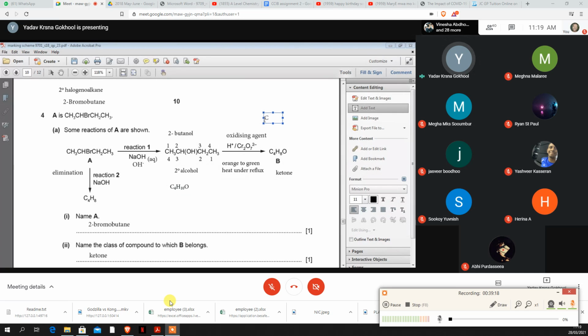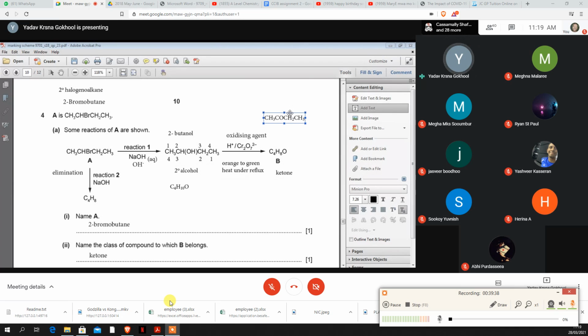Now, the C double bond O will always be in the middle. So here it is going to become CH3 C double bond O CH2 CH3.